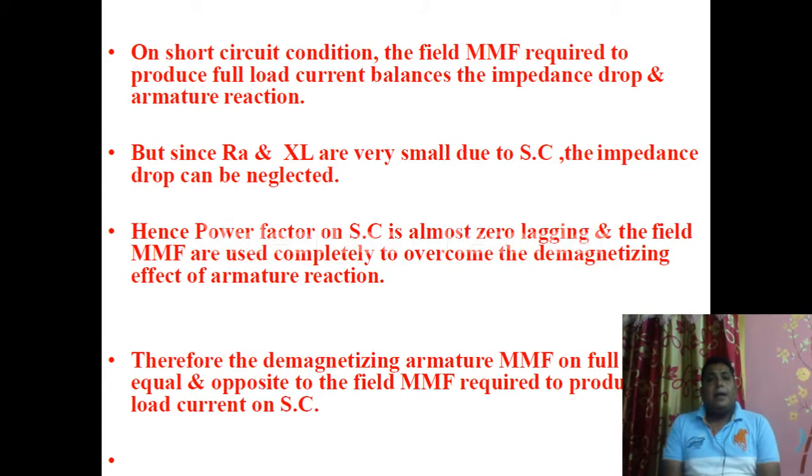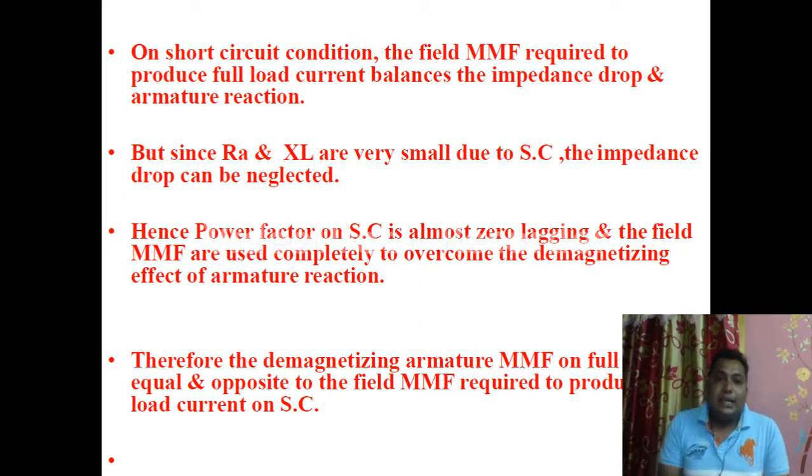On short circuit condition, the field MMF required to produce full load current balances the impedance drop and the armature reaction. Very important point. Once again, on short circuit condition, when the terminals are shorted, the field MMF required to produce the full load current balances the impedance drop and the armature reaction.